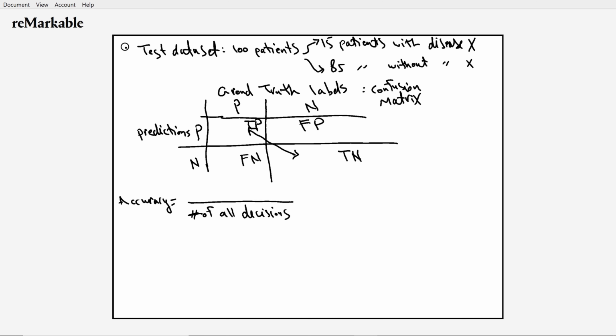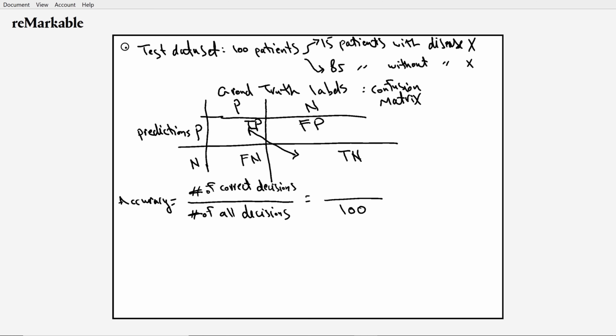In this case, we have 100 patients, and so your model is going to make a prediction for every patient, and so your model is making 100 decisions. And so the question is, how many of these decisions are good decisions? And so the numerator is going to be the number of correct or good decisions.